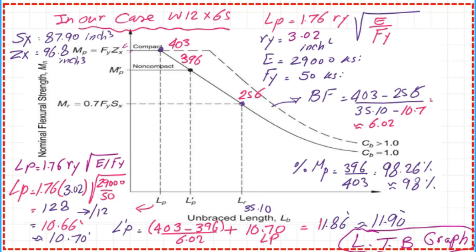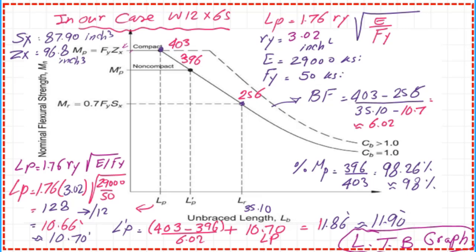For L_p, it's equal to 1.76 multiplied by r_y by the square root of E divided by F_y. It can be estimated as 1.76 multiplied by r_y, which is equal to 3.05, by the square root of 29,000 over 50, equals 128 inches, divided by 12 to convert it to feet.